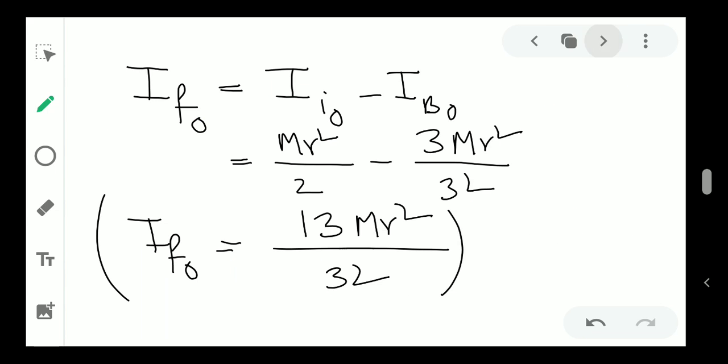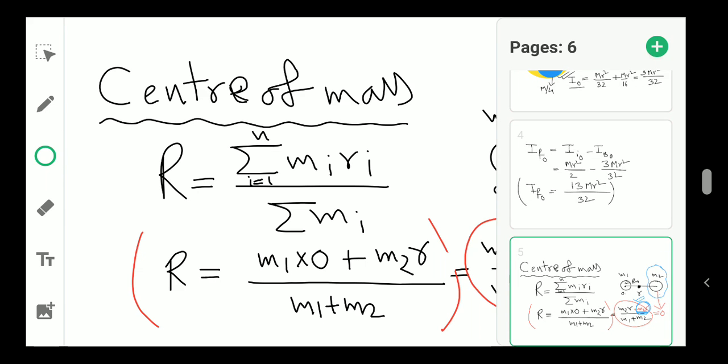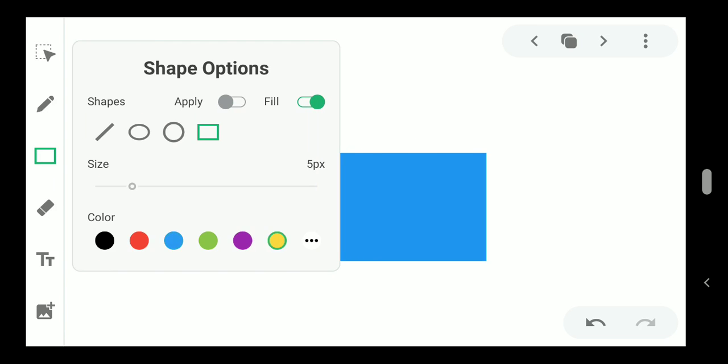So it can be such that you have something like this. Let's say you have a rectangular piece, and then from a corner I have taken out this much, or this much.